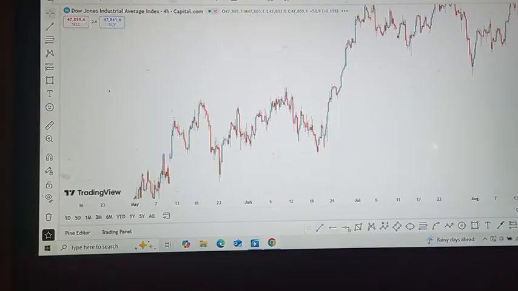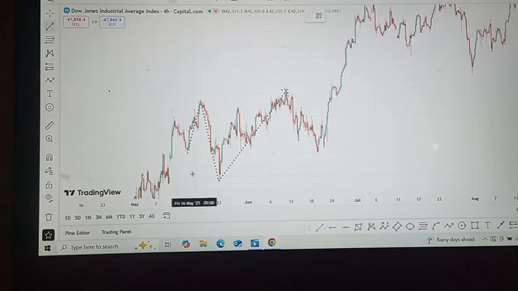If we can see, the directional bias is buy, is bullish, with no doubt. We want to see something like this. We want to see a sweep, then a break. We want to see a sweep of the previous low, then we want to see a break of structure.